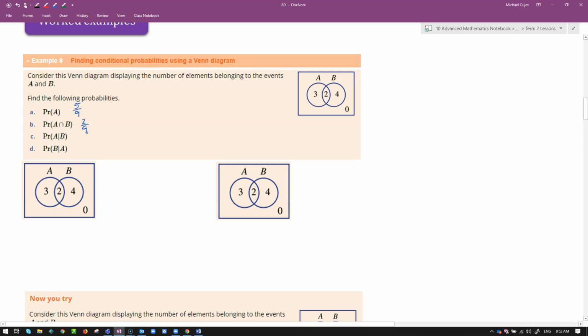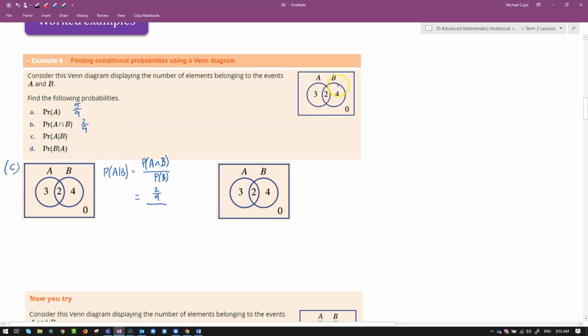Now for C, the probability of A given that B is true. Let's use the rule first of all, and then I'll use this little Venn diagram to show you how it works. So the probability of A given B is the probability of A and B divided by the probability of B. Now the probability of A and B we just figured out was 2 out of 9.